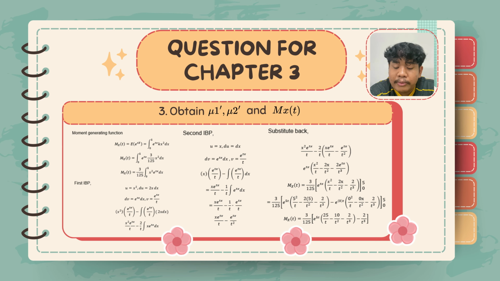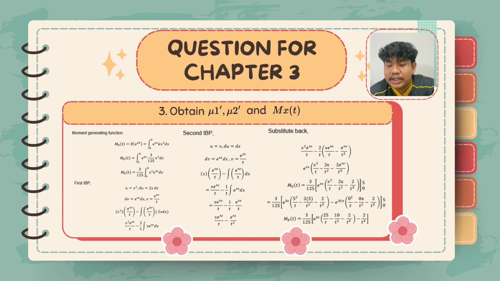Then we substitute the formula, you will get x times e to the power of tx over t minus integral e to the power of tx over t dx. And then we integrate the e to the power of tx, we will get e to the power of tx over t. And then we times the 1 over t, it will get x e to the power of tx over t minus e to the power of tx over t squared.